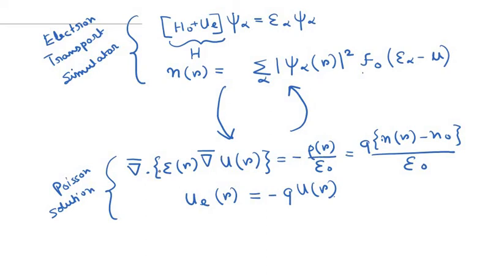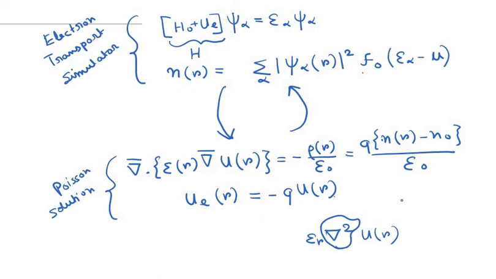If epsilon of r is constant and does not vary with space, this becomes epsilon r times the Laplacian of UR, and the easiest method is to convert this operator into a matrix.